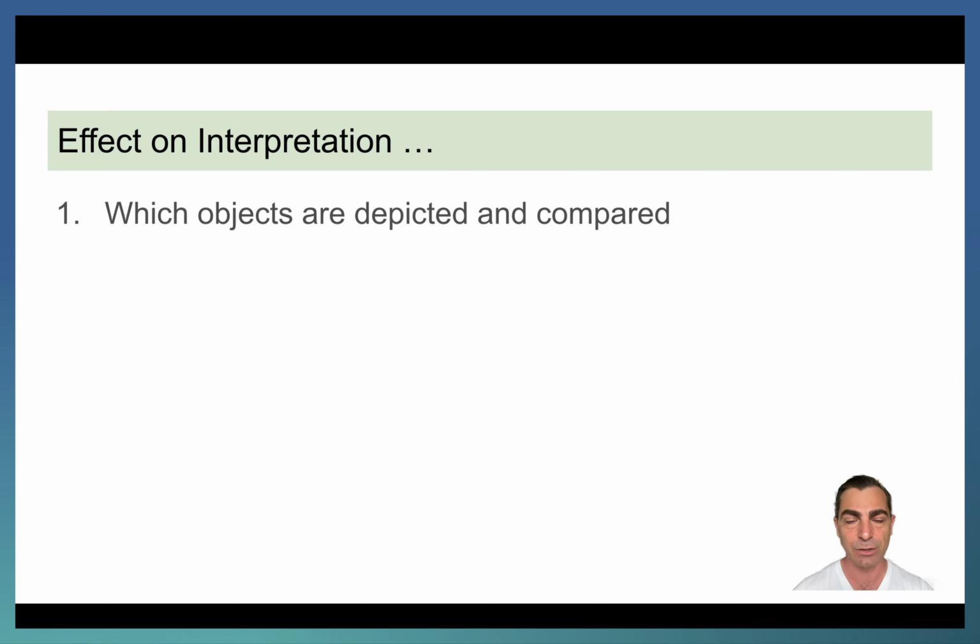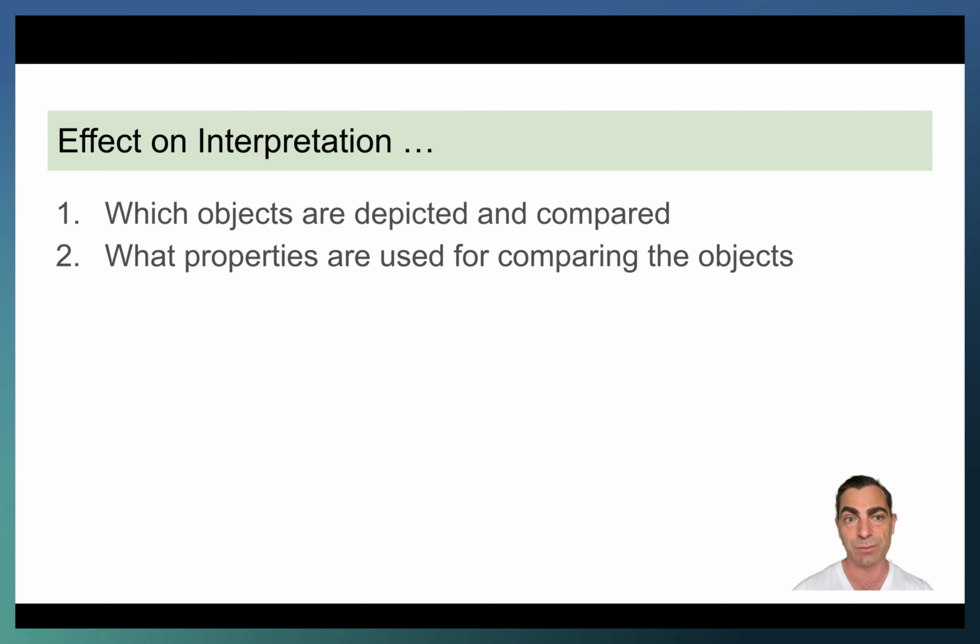If you think about it, we're always comparing objects according to their properties. So the second step is what properties are used for comparing the objects. You can think of properties in terms of, for instance, the quantities that we have just observed in these charts. So what objects are depicted, which also means compared, and according to what properties. So for instance, what numbers are calculated from these objects.